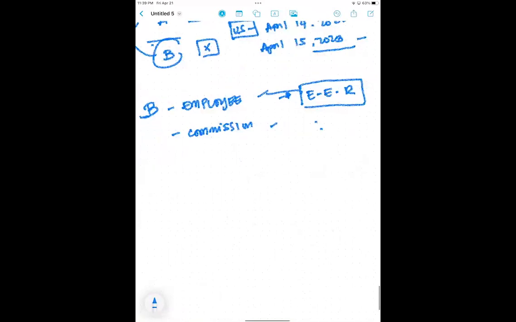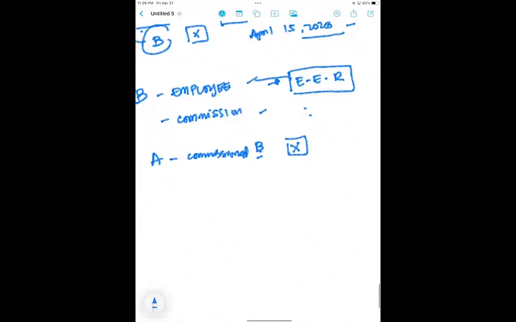Supposing that the question says, A commissioned B to work on an invention X, and B was successful. So, question, who owns the patent? As a general rule, the person who commissions shall own the patent unless there is an agreement to the contrary.